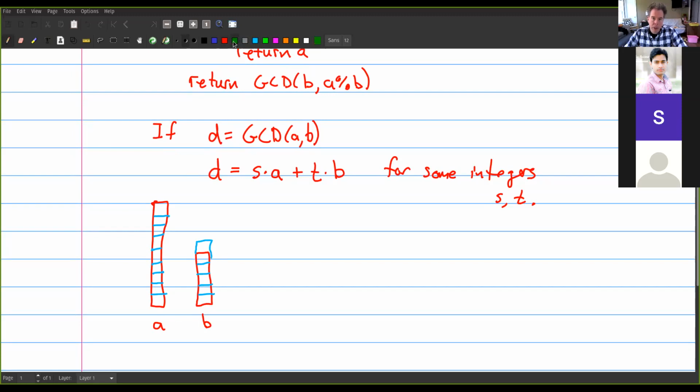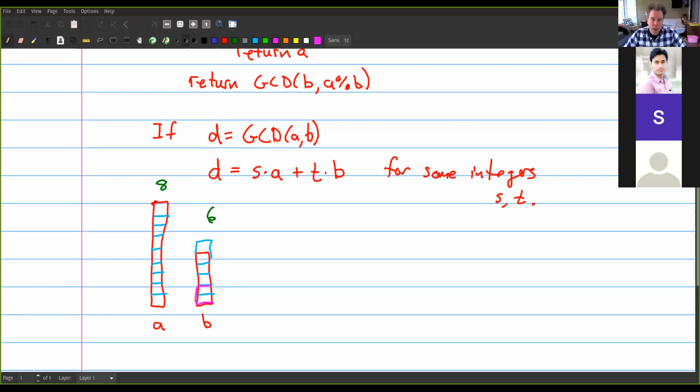So the geometric meaning of GCD is the greatest common measure. If here you have 8 blocks and here you have 6, what is the GCD of 8 and 6? 2. Yeah.